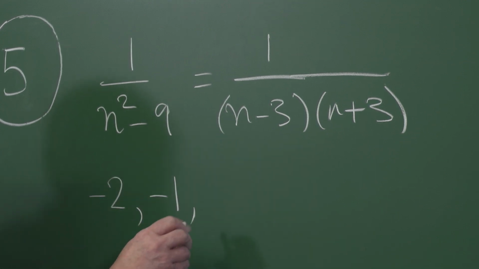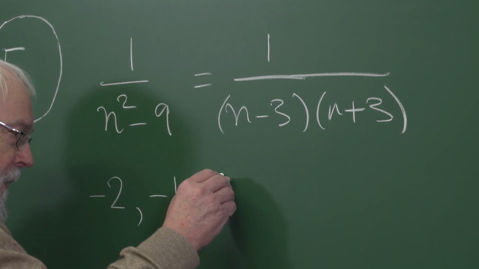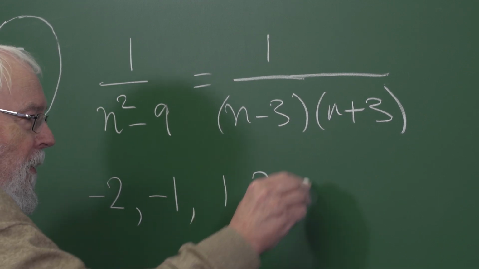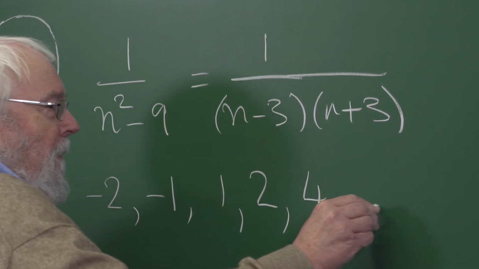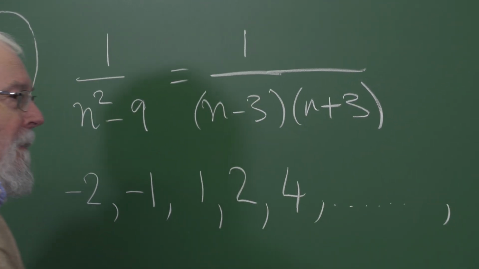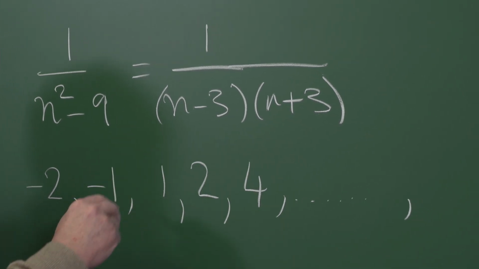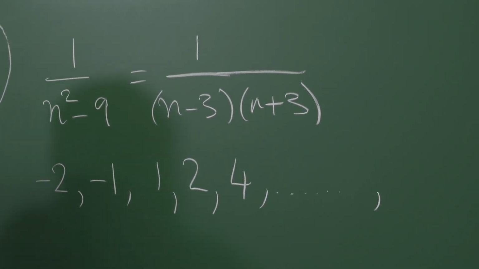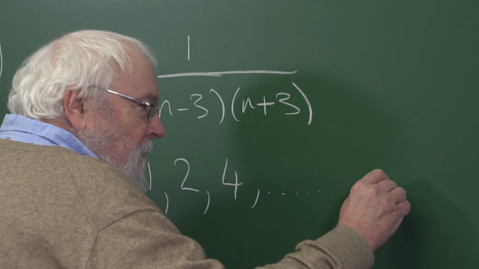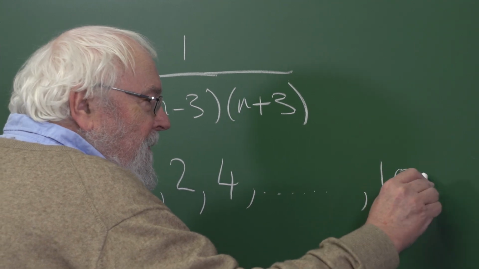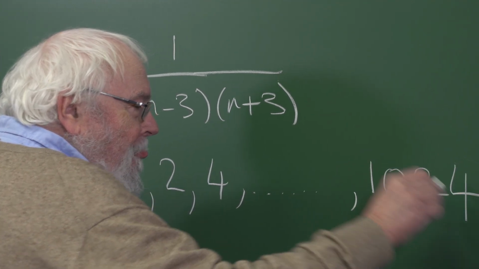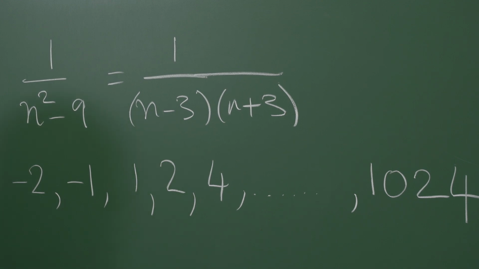N minus 3 could be 1 or 2 or 4 or and so on, up to the biggest it could be, which would be 1024. So these are candidates for n minus 3.